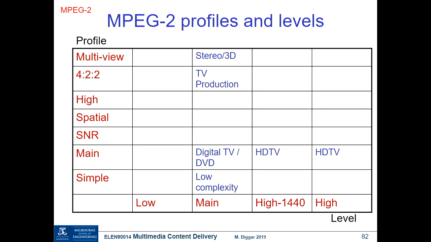Now, standards bodies can't necessarily predict exactly what the market will adopt, particularly as time goes on. So there was an assumption that this low complexity profile, the simple profile, would be a useful thing to include, but in fact no one used it. It was lower resolution than was required.